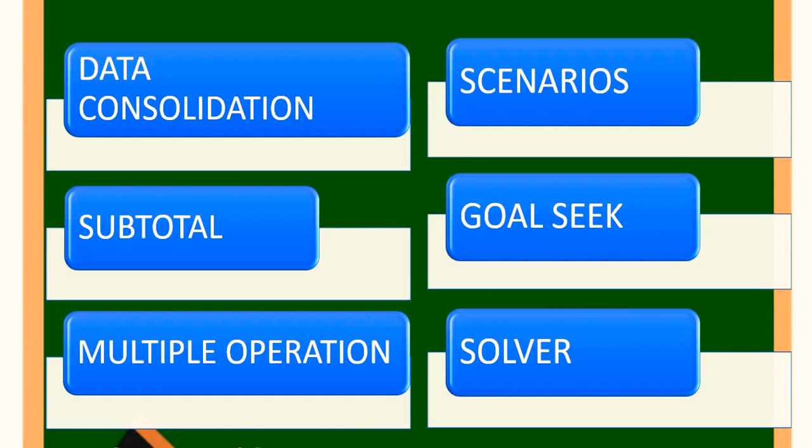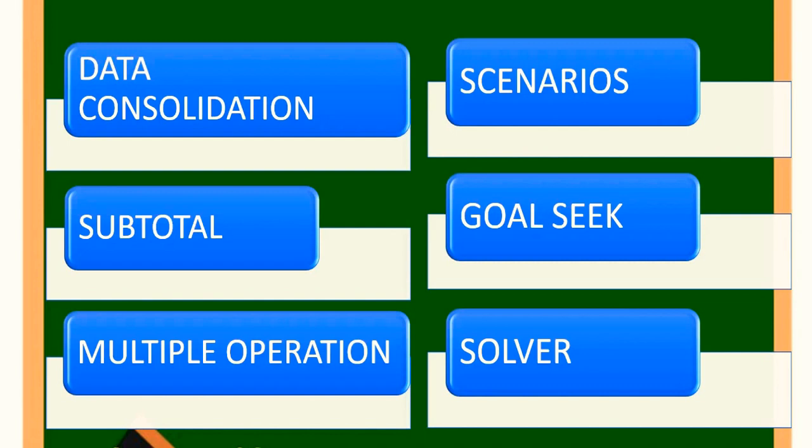Okay, the last one, solver. The goal seek and solver are more or less similar. The main difference is that in goal seek we can change the value of only one input variable, but in solver we can change the input values of more than one cell. We use the same formula, but we can set some rules and conditions for the input values.